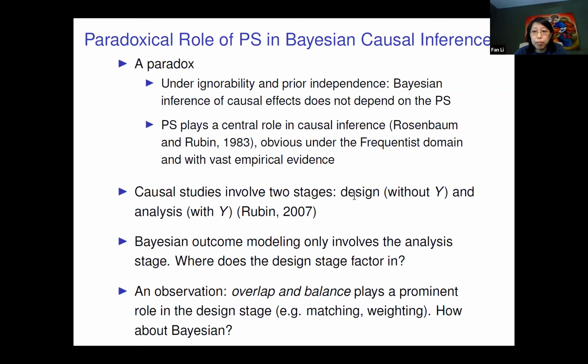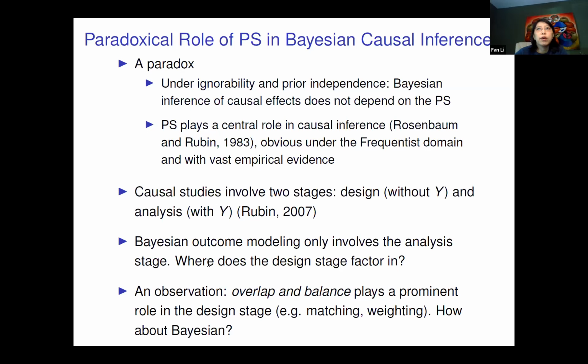Design is pretty broad, but here we basically mean the stage that does not deal with any Y. The analysis stage is the stage that deals with Y. If we look at Bayesian outcome modeling, under all these assumptions it seems to involve only the analysis stage, because you just need to build an outcome model. So where does the design stage factor in?